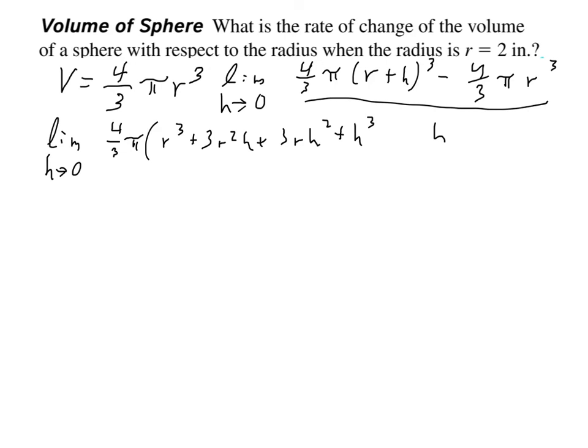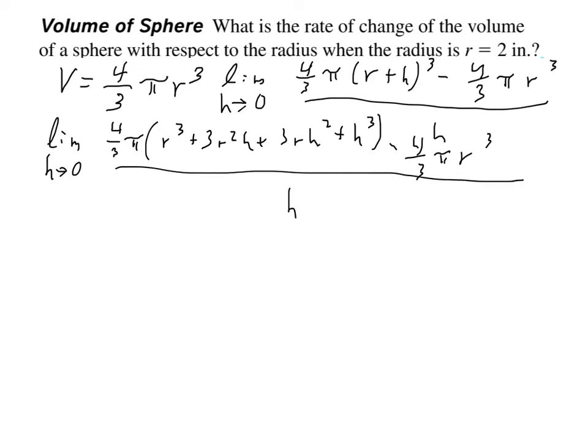If you didn't get that right off the top of your head, just do r plus h times r plus h times r plus h, and you'll get that answer. Minus 4/3 pi r cubed all over h.